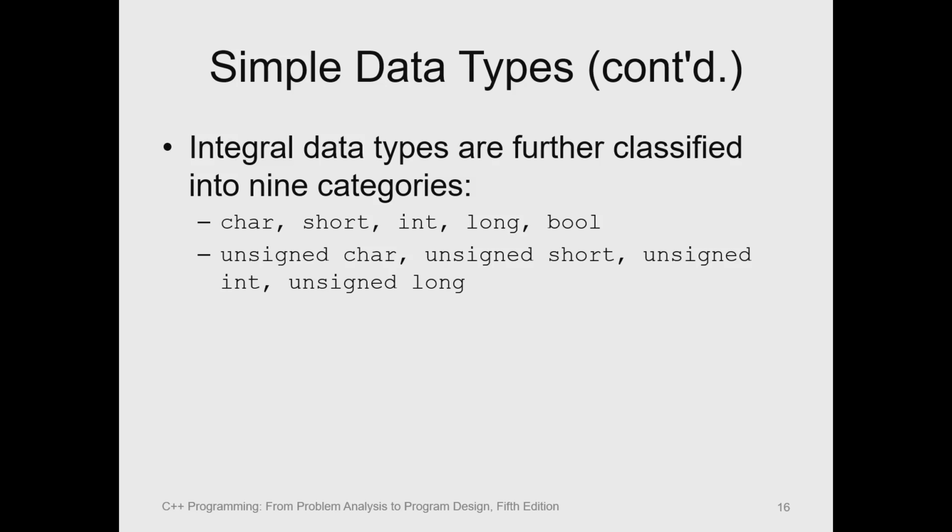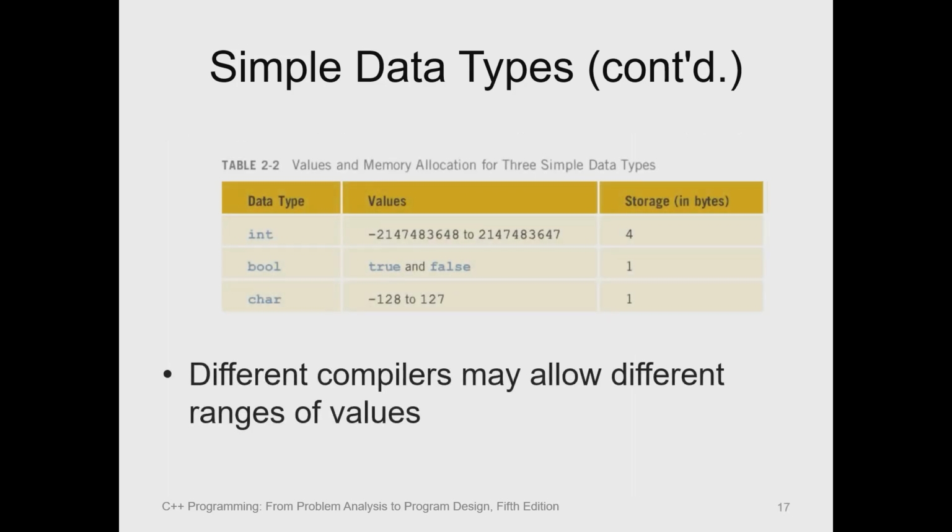Table 2-2 shows values and memory allocation for three simple data types. The integer data type ranges from negative 2,147,483,648 to positive 2,147,483,647. That's equivalent to 4 bytes.